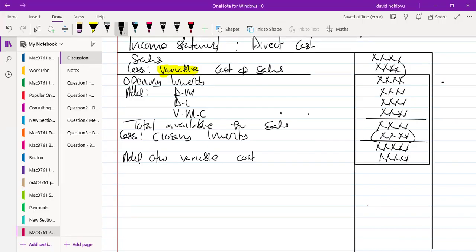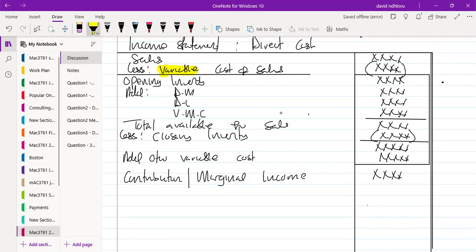Deduct sales minus all your variable cost of sales. The answer that you get is what we call contribution, or marginal income. Right, so these terms are used interchangeably.